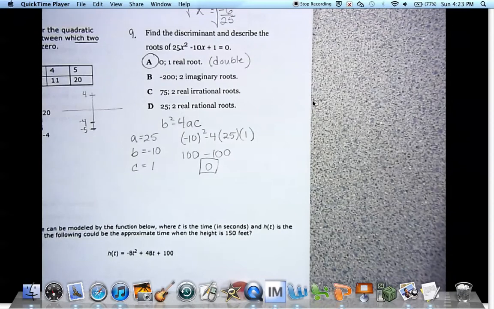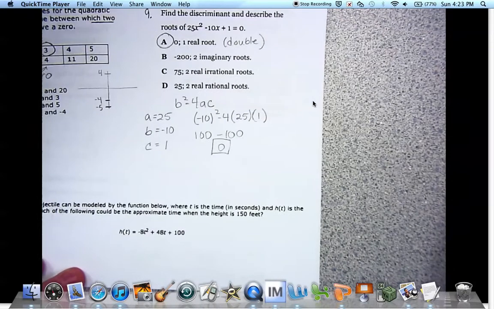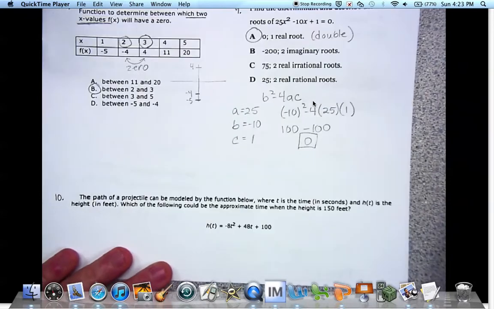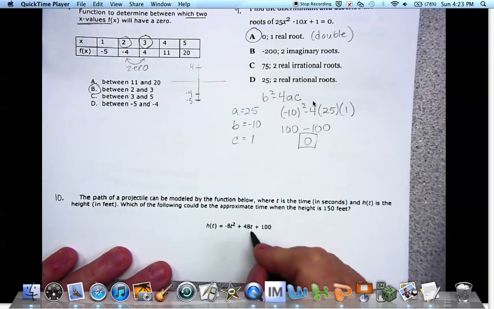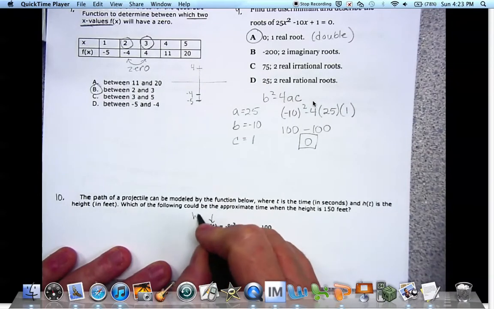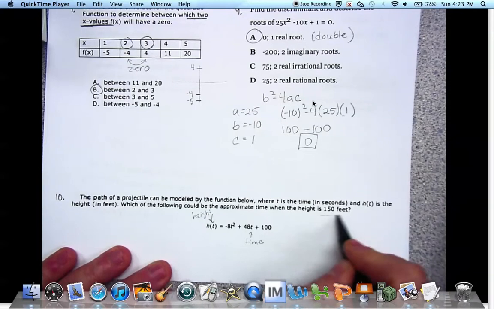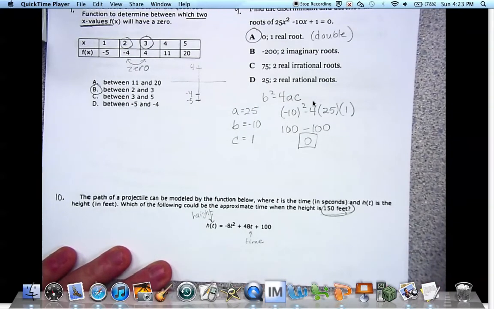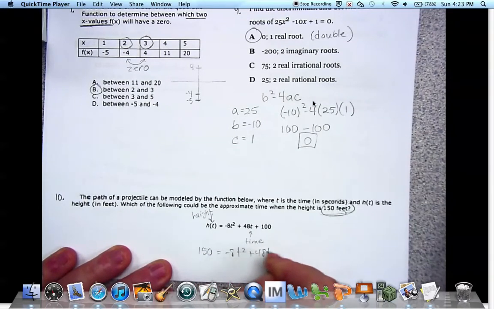Okay, the path of a projectile can be modeled by the function below, where t is the time in seconds and h of t is the height in feet. Which of the following could be the approximate time when the height is 150 feet? So t is time, and this is height in feet, so 150 goes here: 150 equals negative 8t squared plus 48t plus 100.